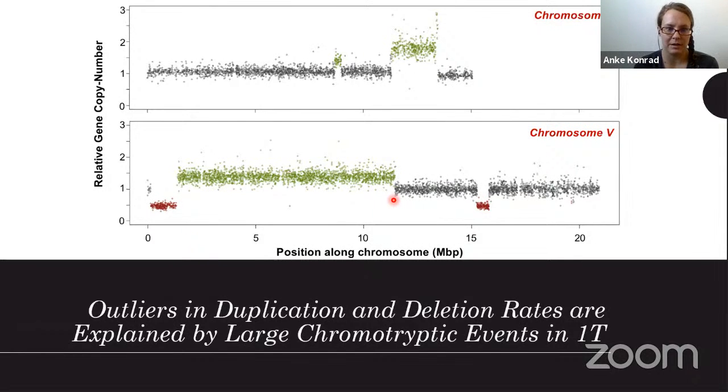So the rate of duplication and deletion is, well, skyrocketed due to this. And much of our downstream analysis from here in the size 1 populations excluded this line in order to avoid very, very positive results just because of whatever this line had in terms of gene duplicates and deletions.